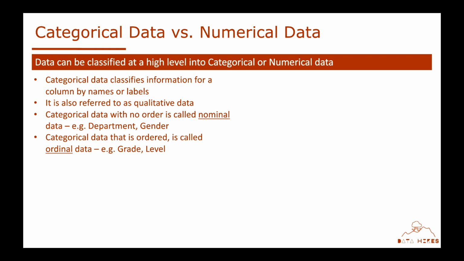For example, grade, level, etc. Let's take the example of grade, and we can say that a grade goes from A, B, C, D, F. So these five grades do have an order to them, even though it is technically categorical data. So A is a better grade than B, which is a fact, and categorical data that is ordered is hence called ordinal data.